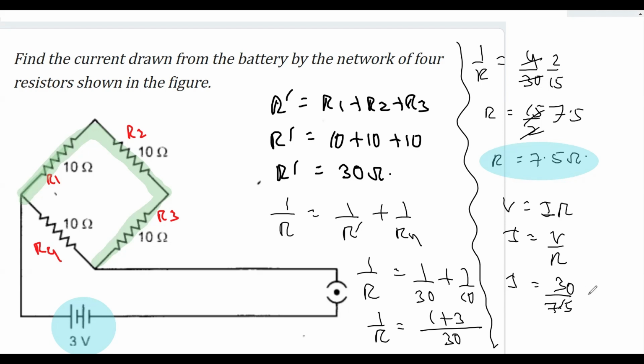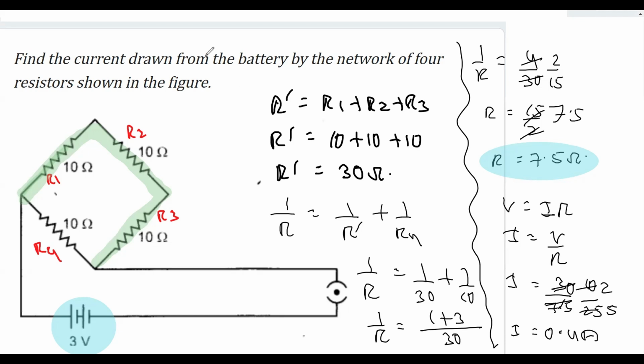I can remove the decimal and multiply by 10, so it becomes 30 over 75, which reduces by 5 and 5 and 3. So how much does I come out to be? 0.4 ampere.